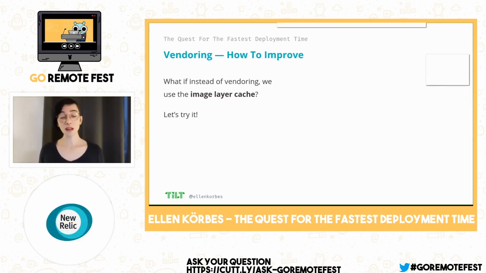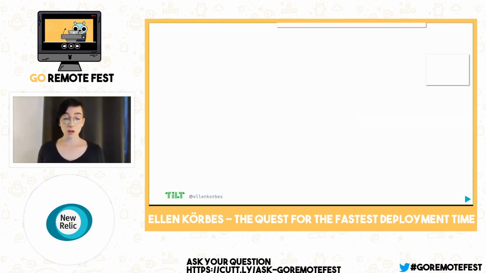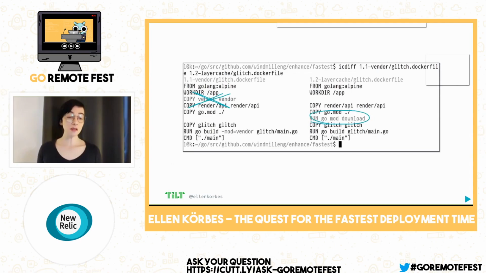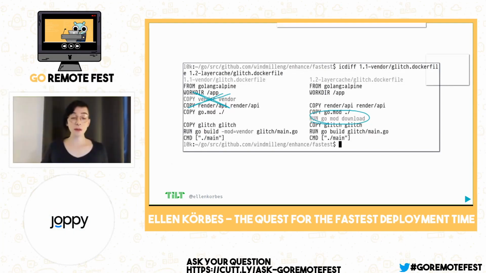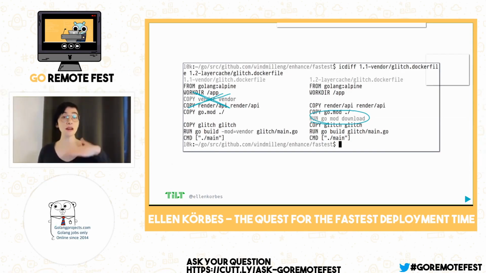What if, well, this is complicated. I'm just going to show it to you on the Dockerfile. So what if, instead of copying a vendor directory to my image every time I make a code change, I download all my dependencies into my image on a Docker layer above the layer where my source code lives?